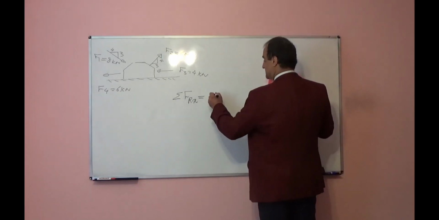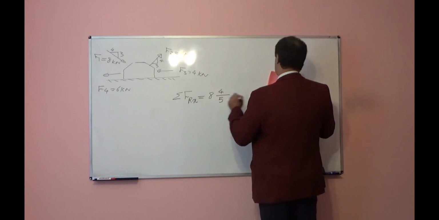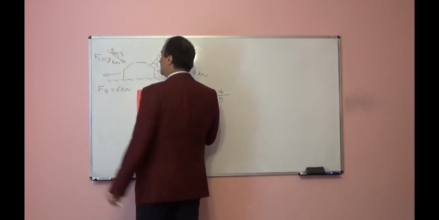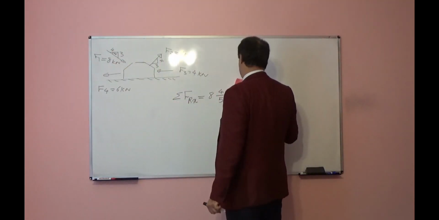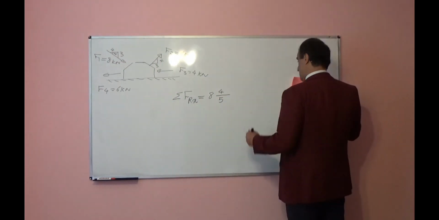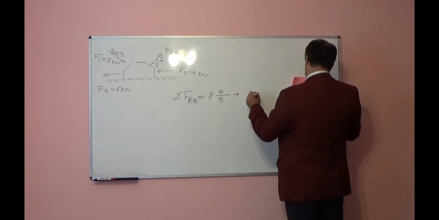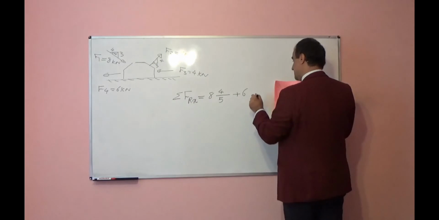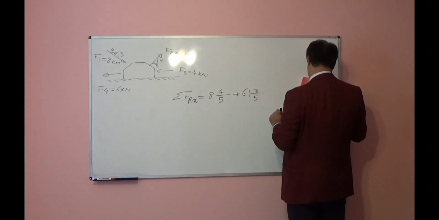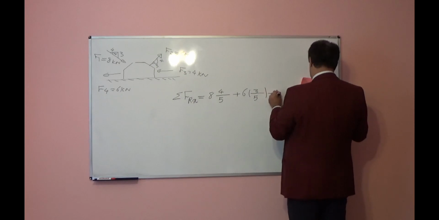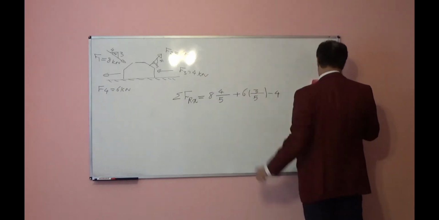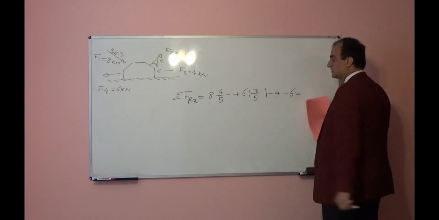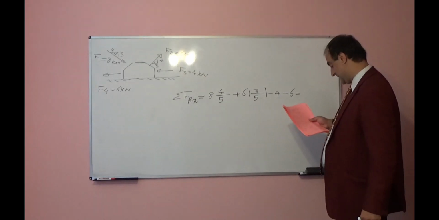If I decompose F1 in the x direction, with this angle alpha, F1 cosine alpha will be 8 times 4 over 5, plus F2, that will be 6 times, again, cosine of this angle, 3 divided by 5, minus 4 for F3, because it is in the inverse direction, minus 6 is equal to, if you calculate this, you will end up with 0.